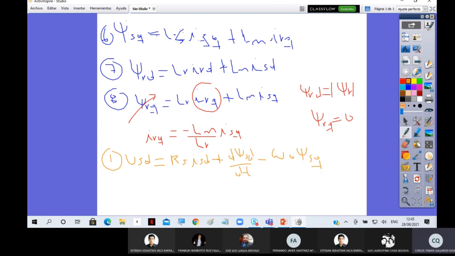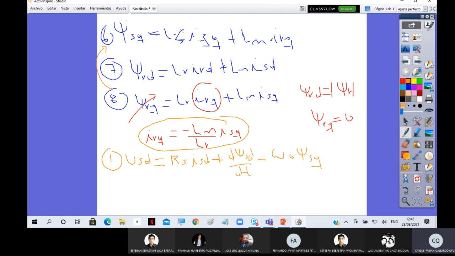First of all, substituting equation A into equation 6. What is equation A? It is the rotor current on Q-axis.